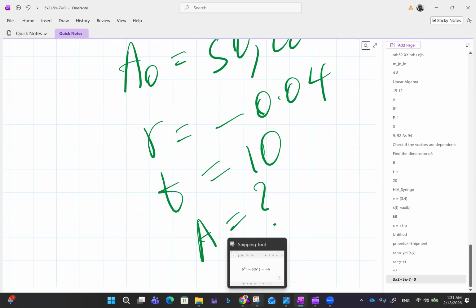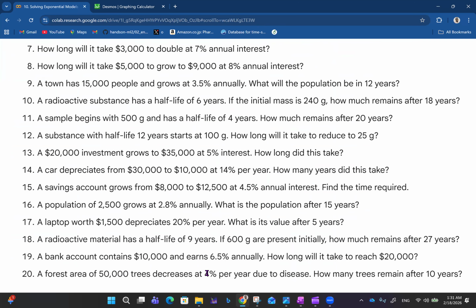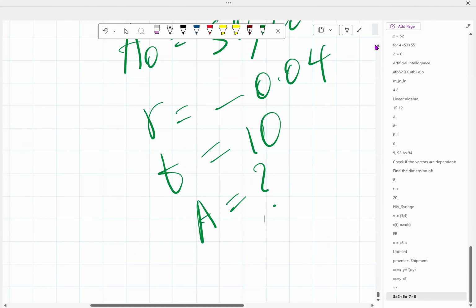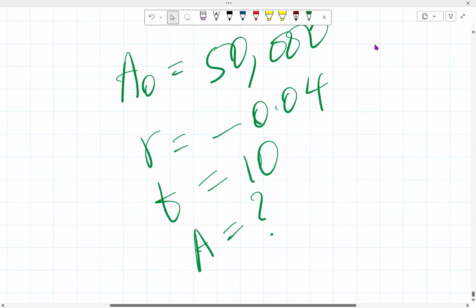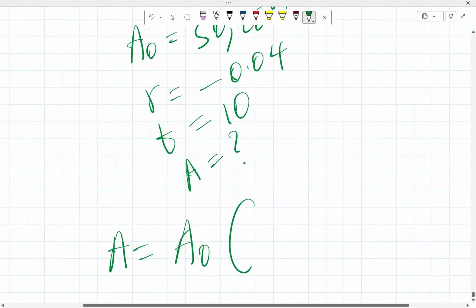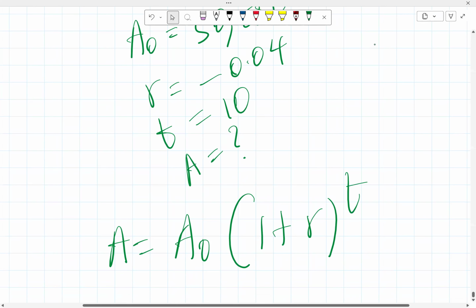So let's check for time mixture. 4% per year, okay, good. After 10 years, so everything is consistent. Now this is actually a kind of a decay model, so we can use that concept. We know already that A is equal to A naught into 1 plus rate per time. So we need A now.